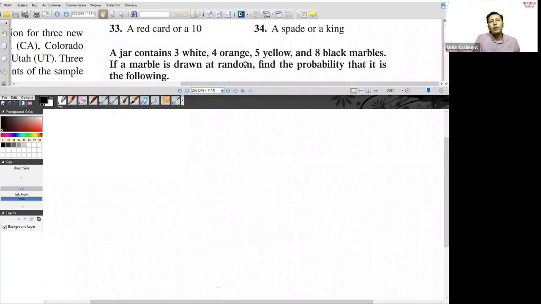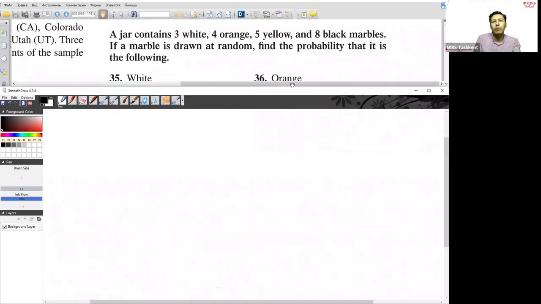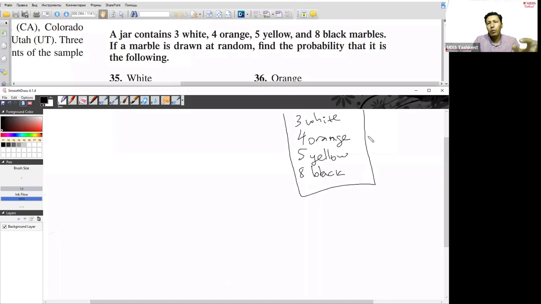A jar contains 3 white, 4 orange, 5 yellow, and 8 black marbles. So we have 3 white, 4 orange, 5 yellow, and 8 black marbles. Okay, a marble is just a ball. It's a ball made of glass.